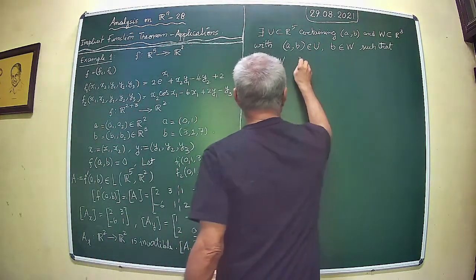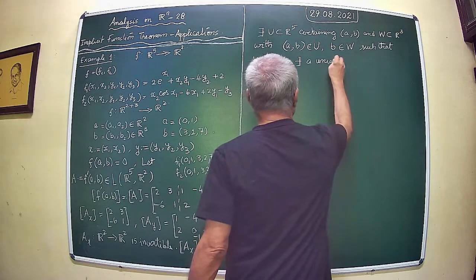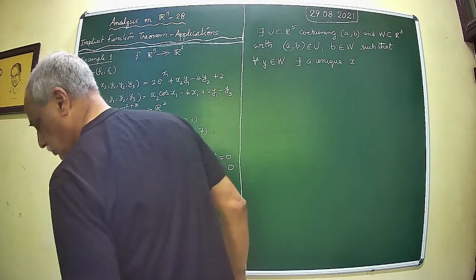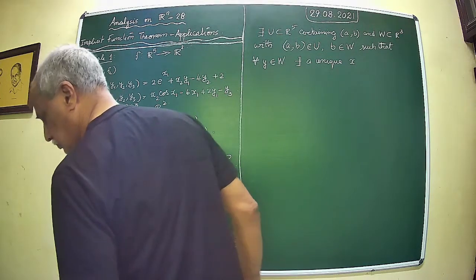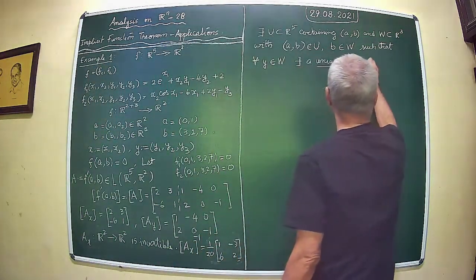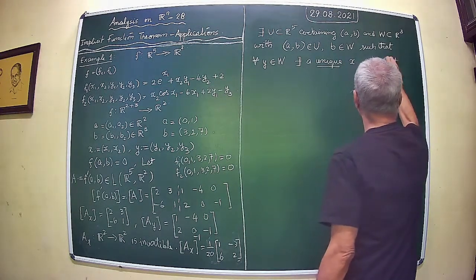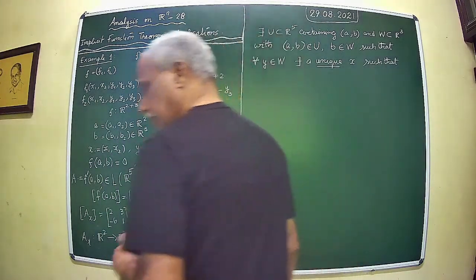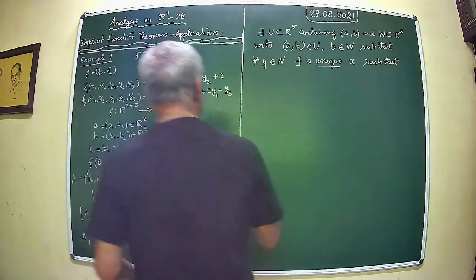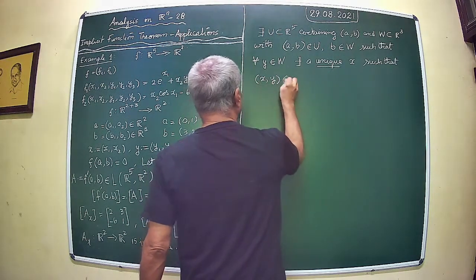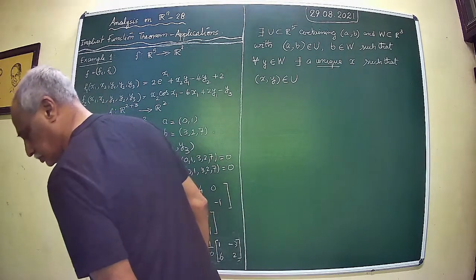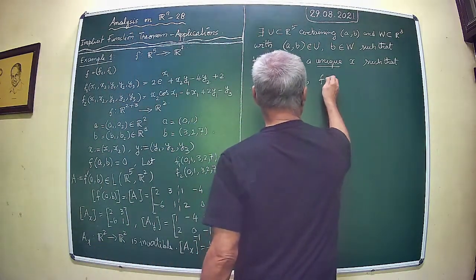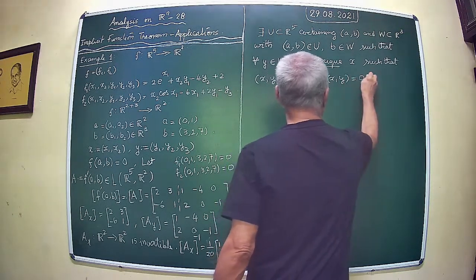there exists a unique X such that (X, Y) belongs to U and F of X, Y is equal to 0.